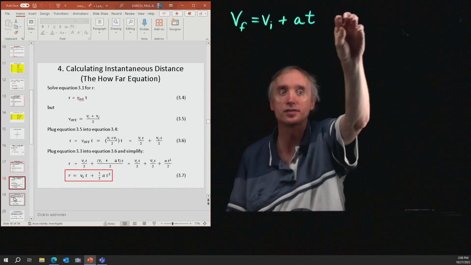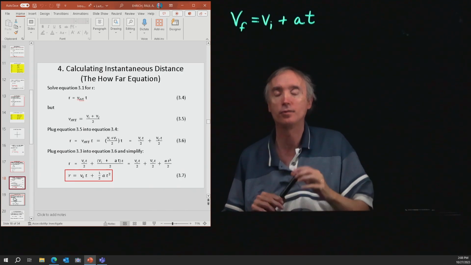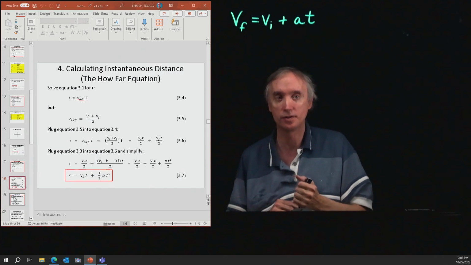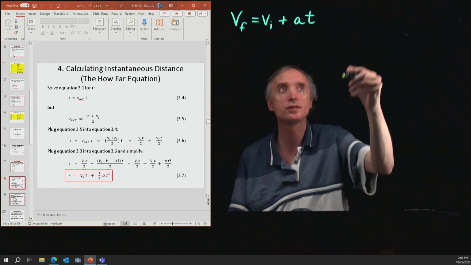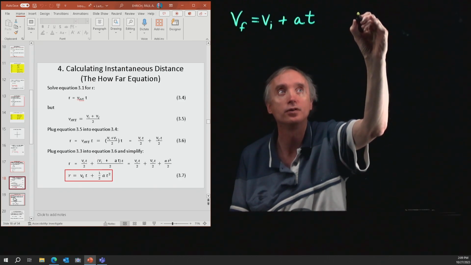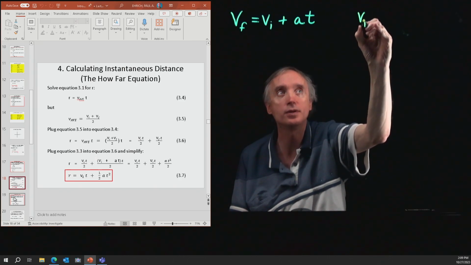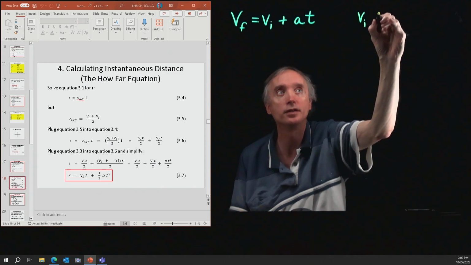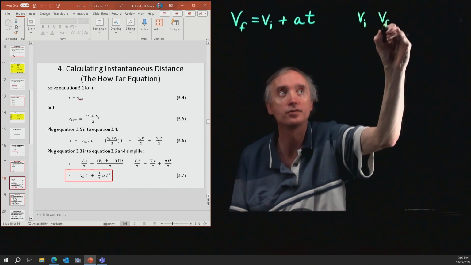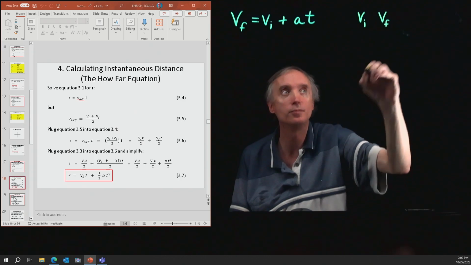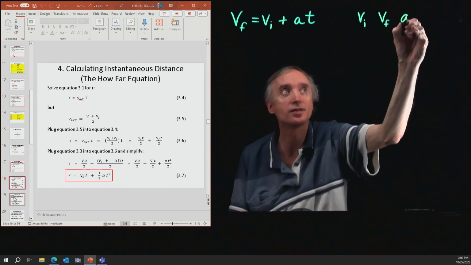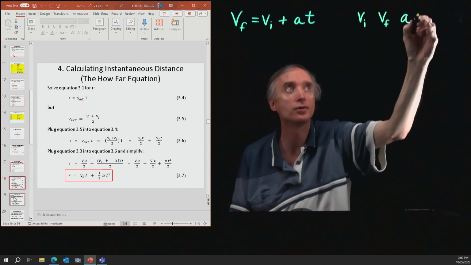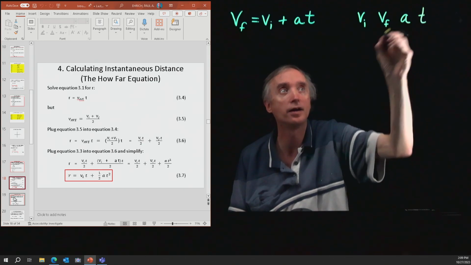And then off to the side here, let's write down what variables it depends on. Notice that it's going to depend on your initial speed, your final speed, your acceleration, and time.